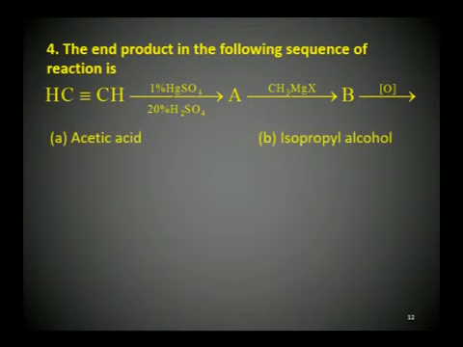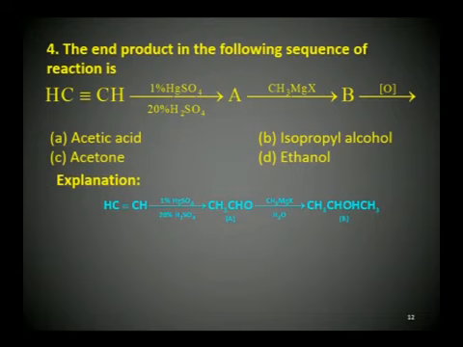And the options given are acetic acid, isopropyl alcohol, acetone, and ethanol. Now, let us see the reaction.